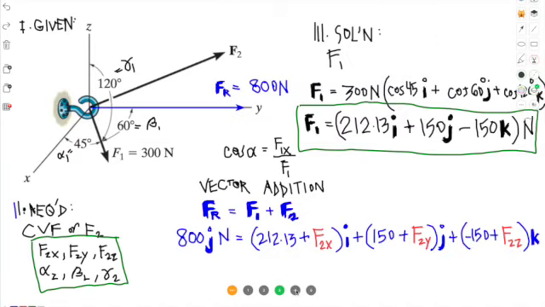Okay, so let me just come back to this equation if you are confused. Here we did vector addition. In vector addition, you can only do scalar operations on the components which are going in the same direction, right? That would be x components, y components, and z components. So we equate them since the components here should equal the components of the resultant. This x component will just be equal to 0, right?